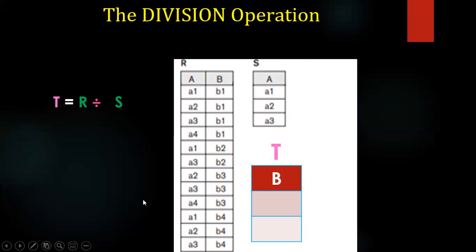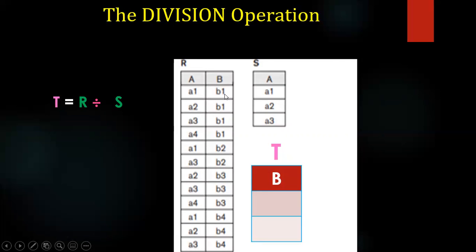Here the relation in the numerator is R, the relation in the denominator is S, and the resultant relation is T. I need to place those values of B which come with all values of the denominator A. In denominator A I have A1, A2, A3. Now I need to decide whether B1 should come in the result or not. We can place B1 in the result only if B1 comes with A1, A2 and A3.